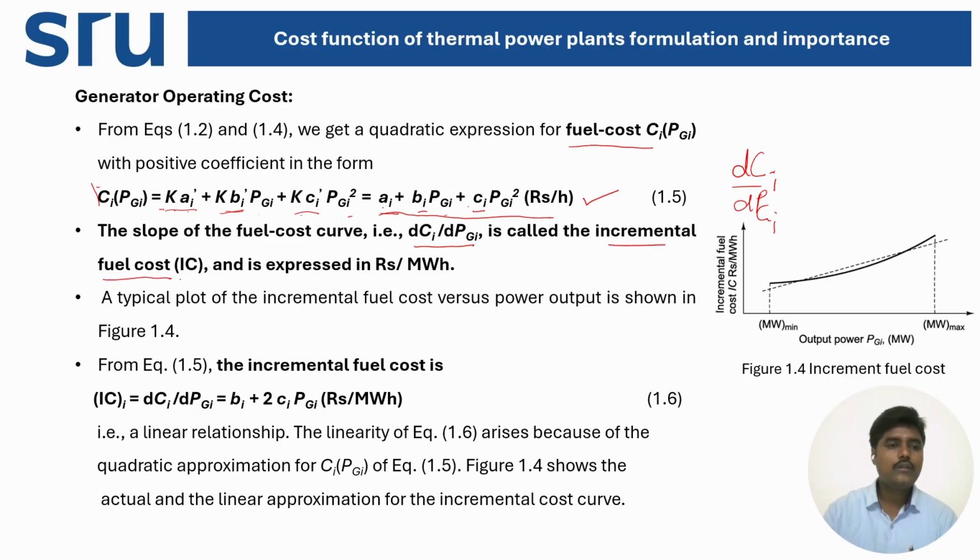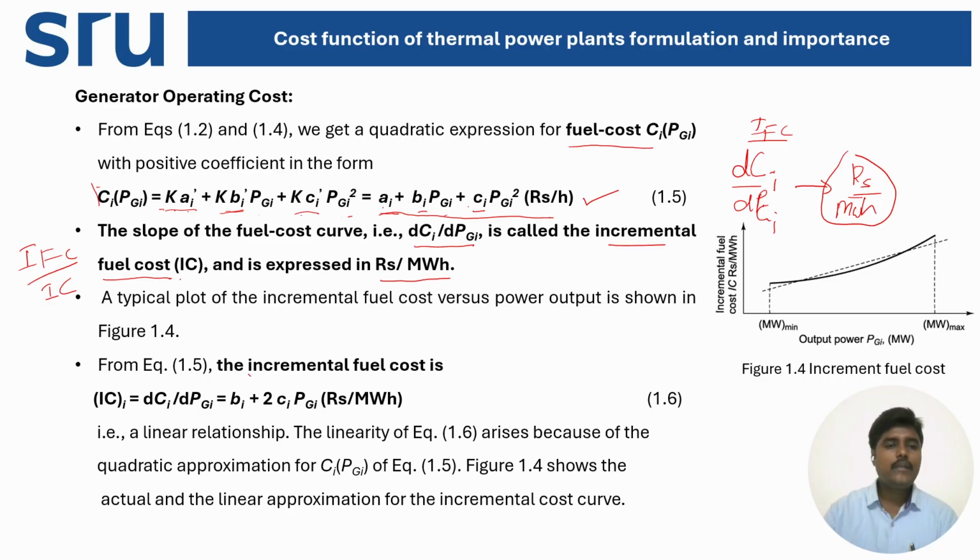In short, you can call this as either IFC or IC, incremental fuel cost, expressed as rupees per megawatt hour, because the numerator is having cost, so you can express the numerator as rupees per hour, and this denominator is having power, so that is nothing but megawatt. So as a whole, this incremental fuel cost can be expressed as rupees per megawatt hour.